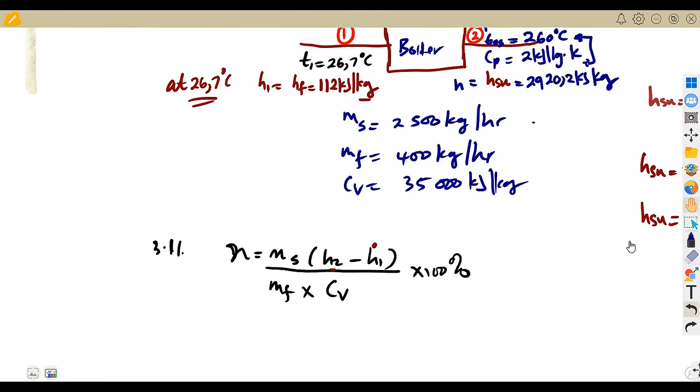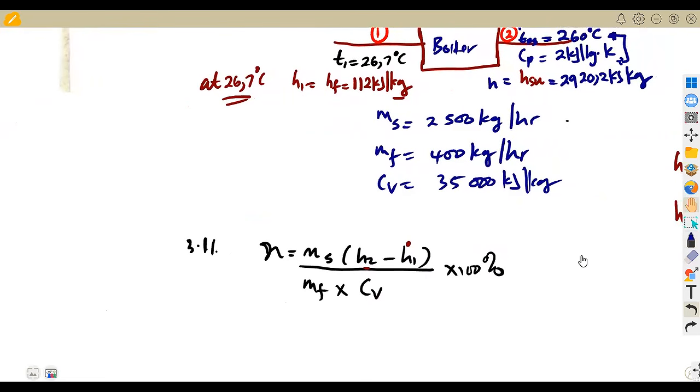Now to calculate our efficiency. With this information, it is enough to have our efficiency in this case. So the efficiency of the boiler is going to be the mass of steam, which is 2500, times H2, which is H sup in this case, which is 2920.2, minus H1, which is HF at the saturation temperature of 26.7, which gave us 112 kilojoule per kg.